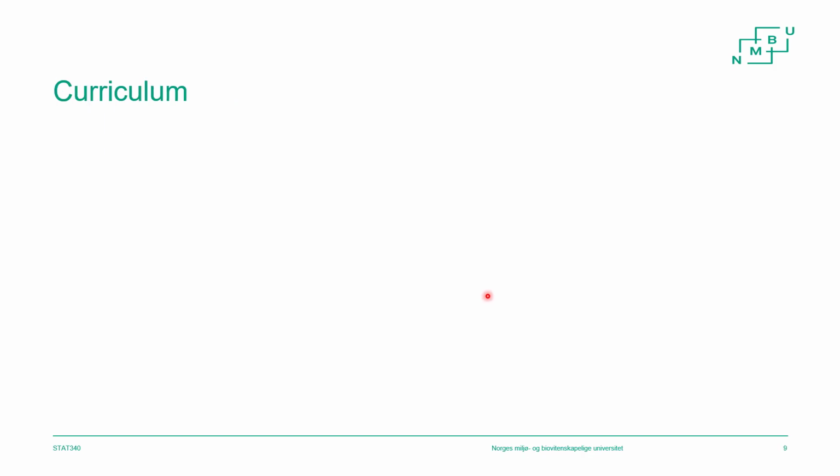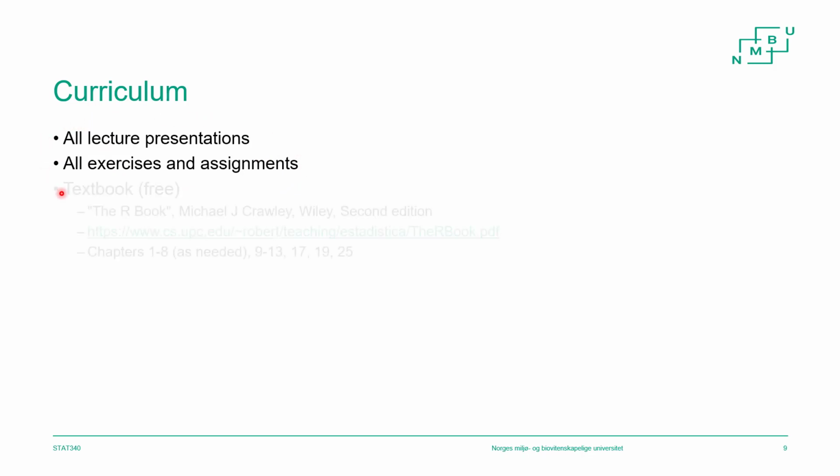Okay. The curriculum for this course consists of all these lectures, presentations, the videos, all the exercises, and also all the assignments that we give. So all of this is the most important, because this highlights what we are going to focus on, right?